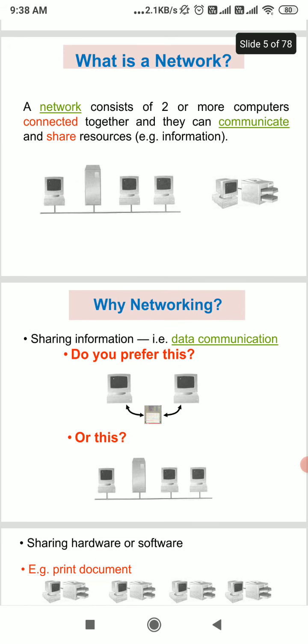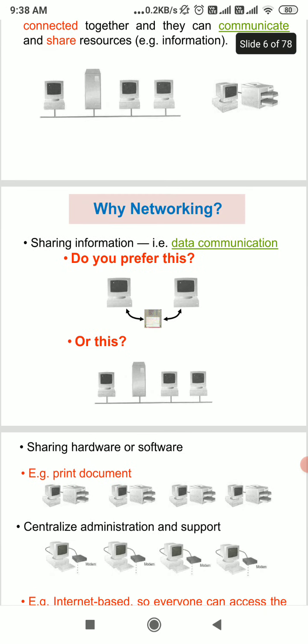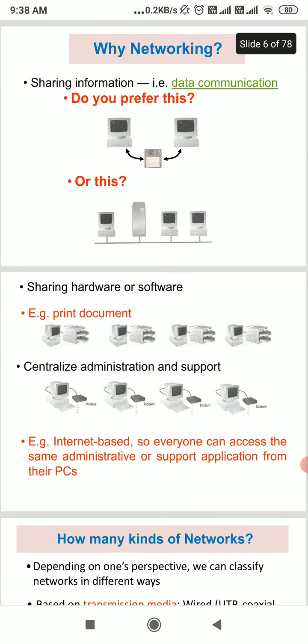So here you can see which we will prefer. We have different examples of how we are doing communication. You can see here we are taking a printout, how we are connecting a printer to the desktop or our laptop, then sharing between these devices by any cable.